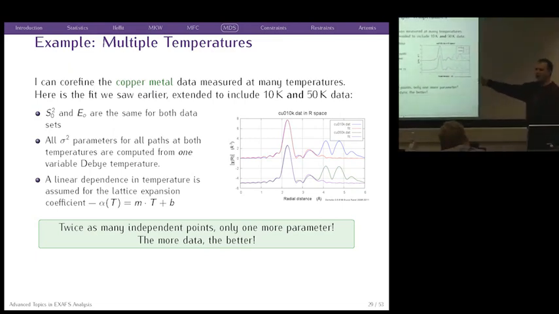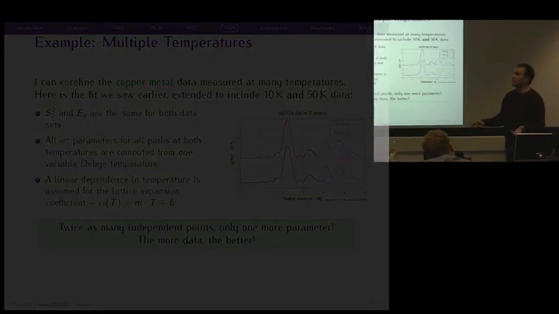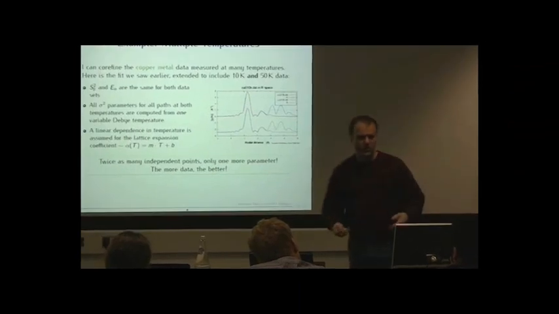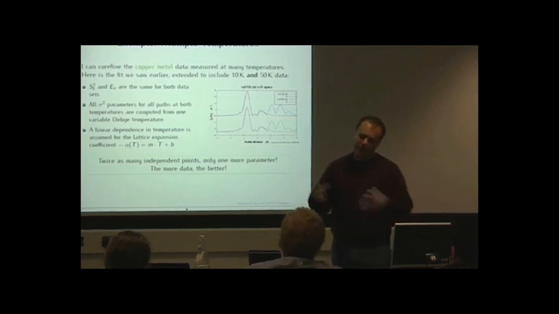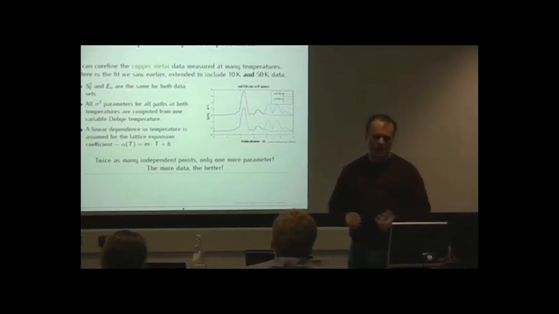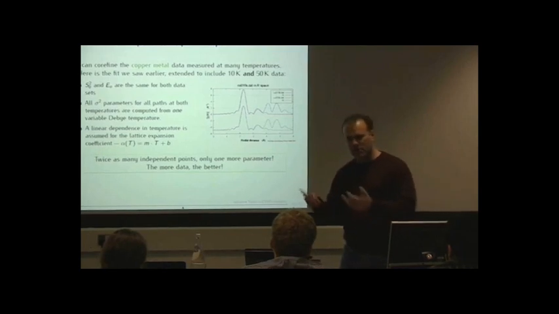And as long as I'm willing to stay within this linear approximation, I can add any additional temperatures and better determine this set of parameters with more and more data without ever introducing more parameters. And so you throw more information at the problem without throwing more parameters. Presumably, if the model is sensible and the data are all good, your parameters will be better and better determined the more data you use in a situation like this.